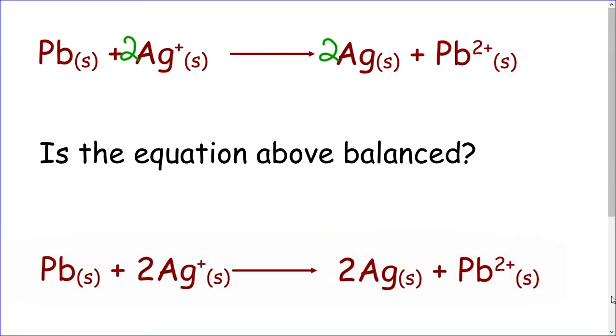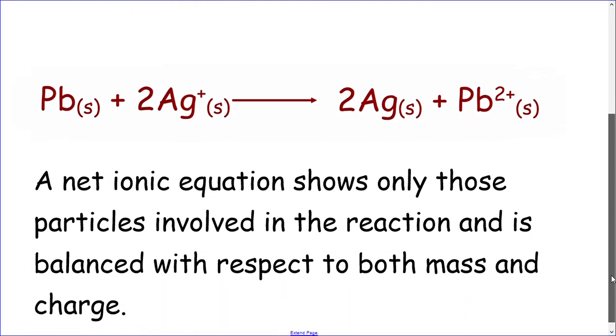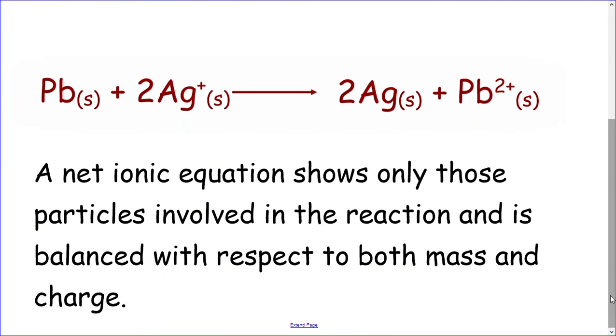And so what I see here is that I have this 2+ charge for silver, canceling out the positive charges overall, so the charge is balanced, and the atoms balance as well. So a net ionic equation shows only those particles involved in the reaction, and it's balanced with respect to both mass and charge.